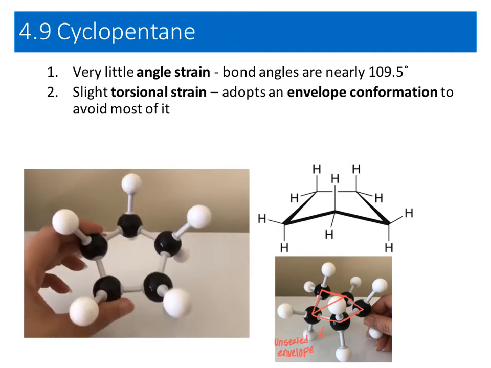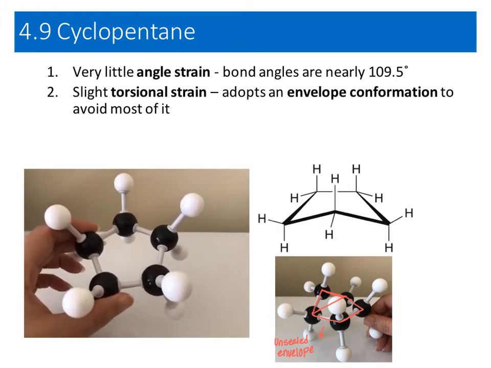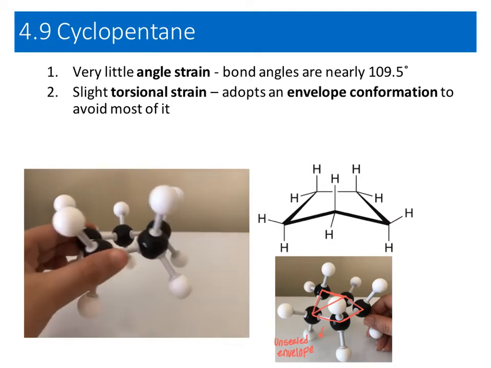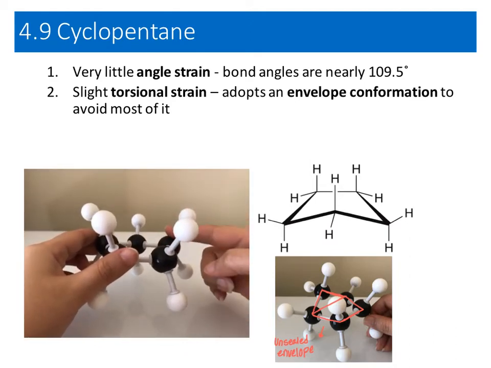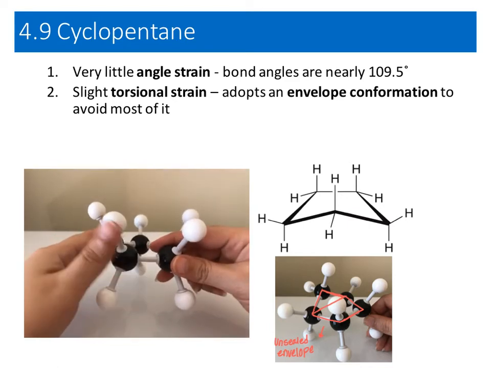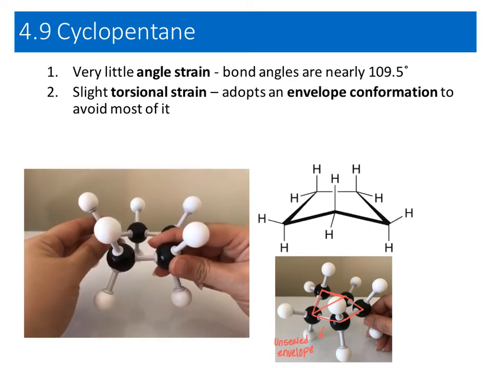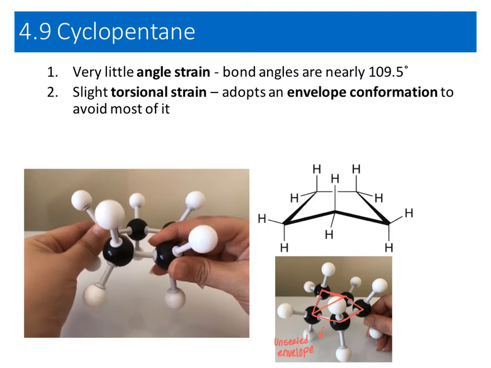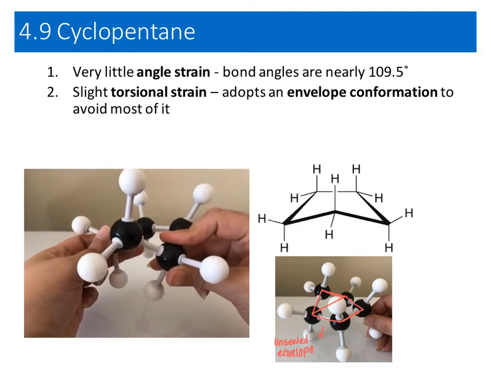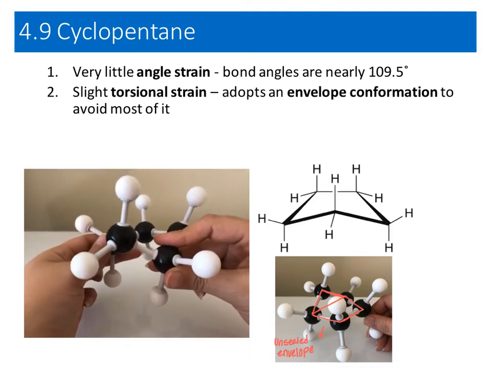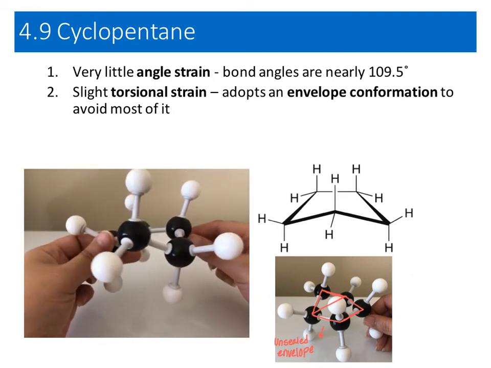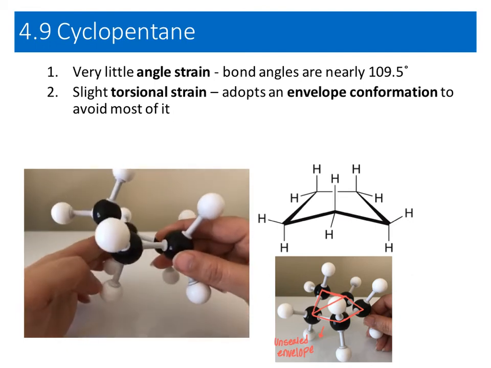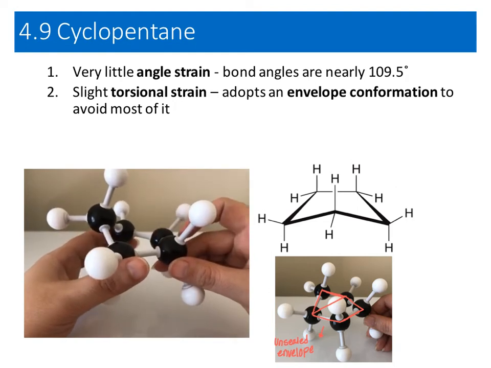However, cyclopentane still has a slight torsional strain due to these CH bonds eclipsing in opposing carbons. Therefore, this molecule will rotate somewhat this way to alleviate the torsional strain. And we call this conformation an envelope conformation.